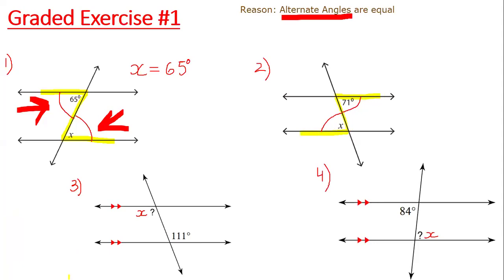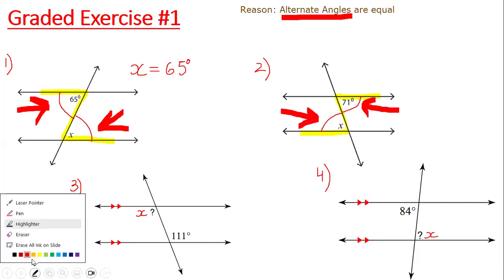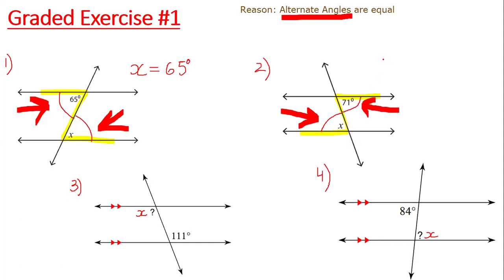So if this right here is 71, then this must also be 71. Therefore X equals 71 degrees. Math is easy. Don't make it hard. So X is 71. Why? Because alternate angles are equal.